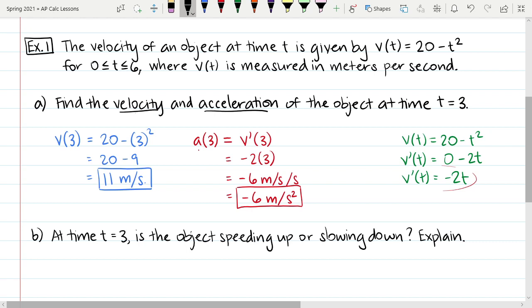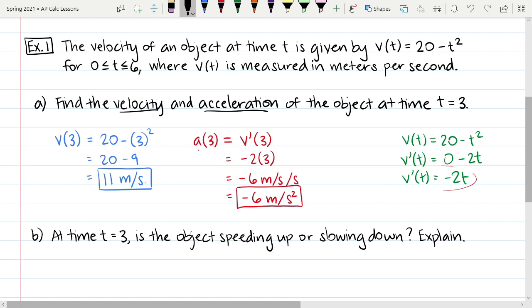Explain. And by the way, anytime you're asked to explain, that does mean to explain in words, as opposed to justify, which could involve words, or it could just involve showing your mathematical work. So explain does specifically mean that we need to use words to explain our answer.